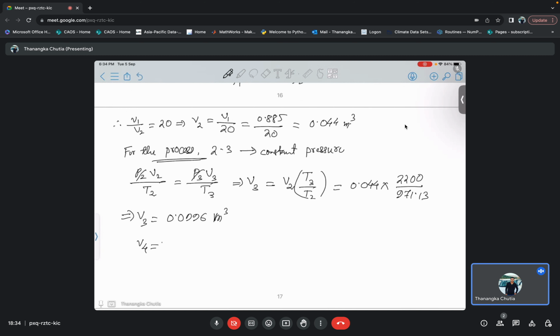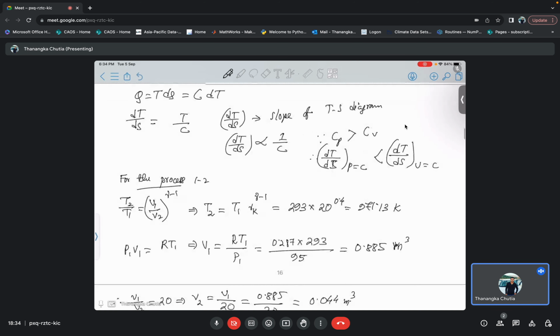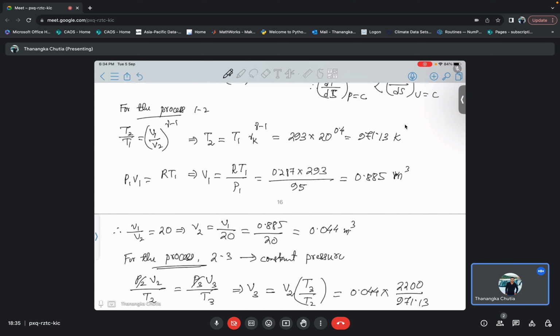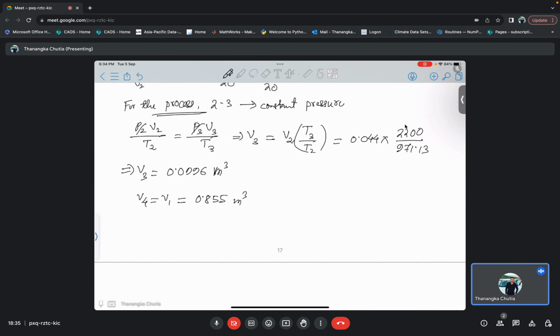And V4 is equal to V1, and that is equal to 0.885 meter cube. Why? Because this 4 to 1 is a constant volume process, isn't it? So therefore your V4 is equal to V1. So now from here it is very easy.